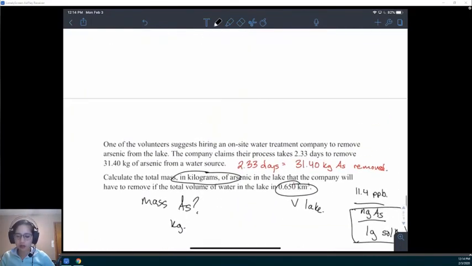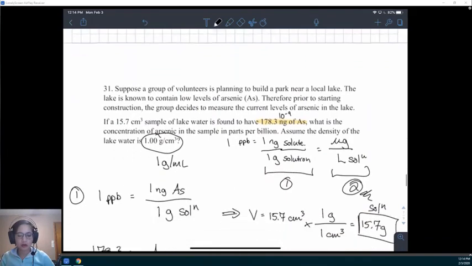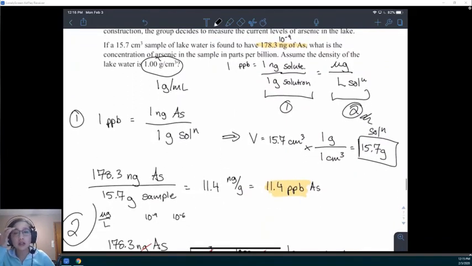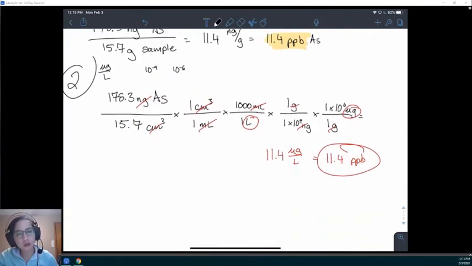So, all right. I hope that helps with this question. I'll just show my work if you didn't catch it again. So again, I showed you how to do the first part of this problem two different ways using the different definitions of parts per billion for water samples. Here we're using the nanograms per gram definition for ppb, and in the second way, we're using the micrograms per liter definition.